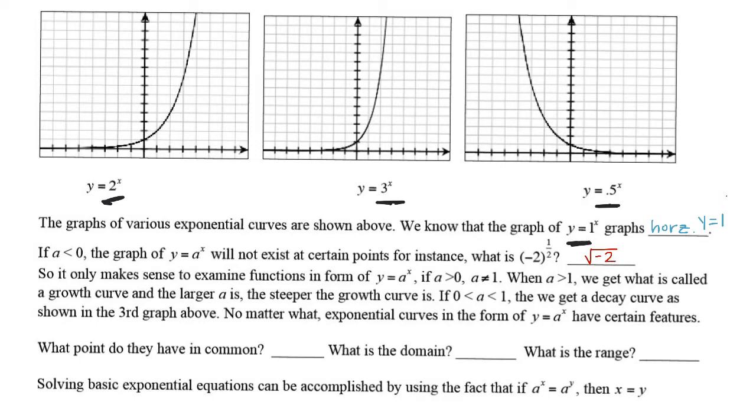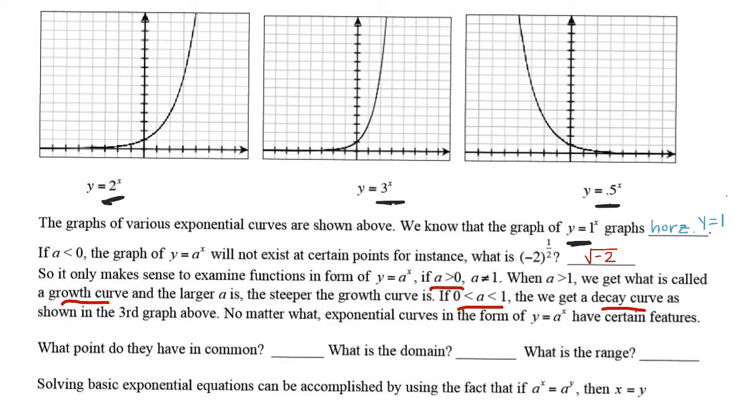So that's really not going to generate much for us, and we have to be careful what we let our base value be. That's talking about the 2 that we see above here, the 3, and the 0.5. It goes on to talk about how we can have an exponential growth, and we can also have an exponential decay, and that all depends on the value of a.